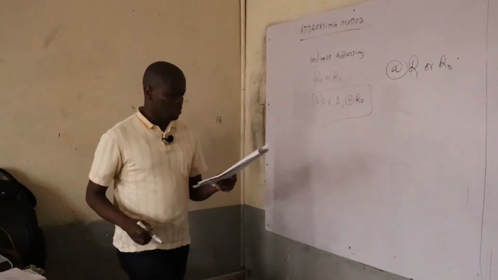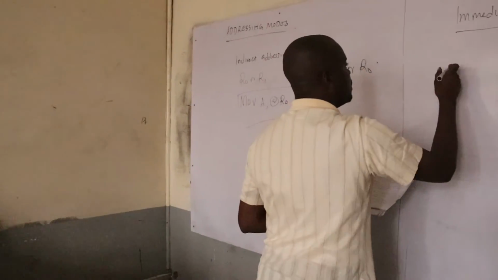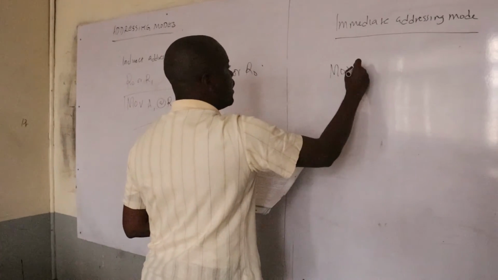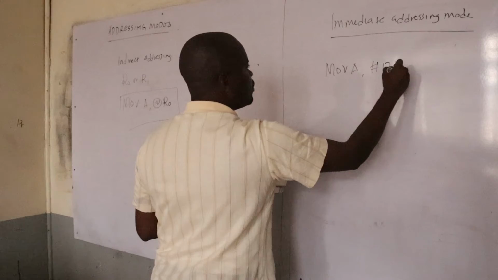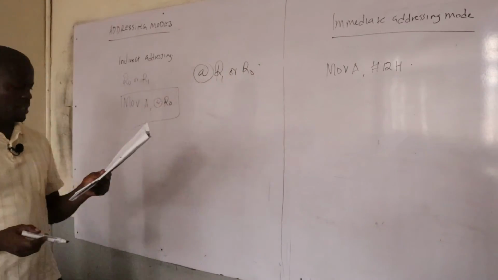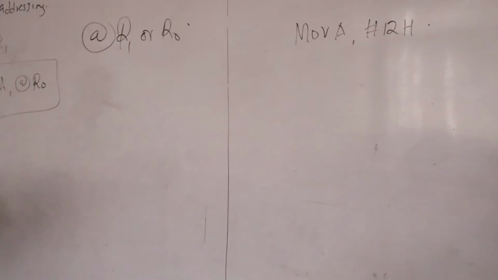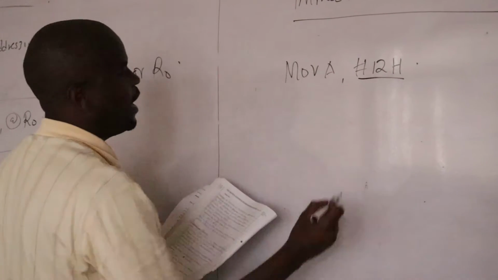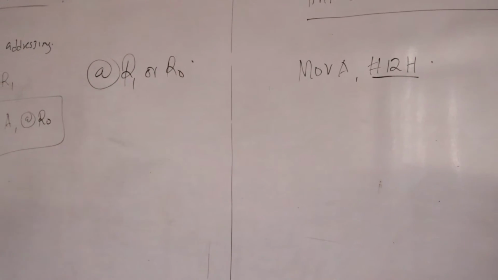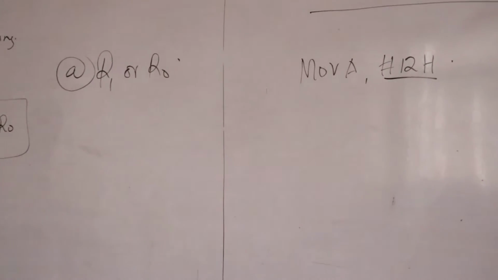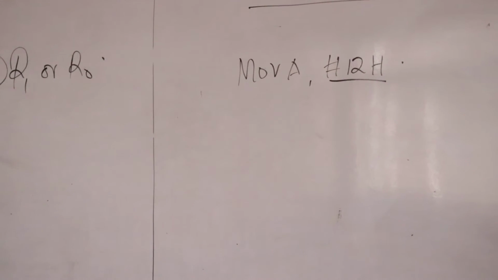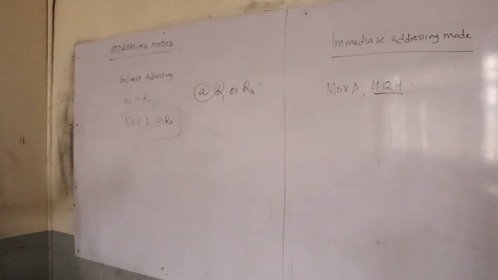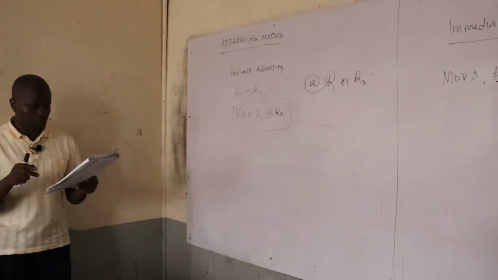For example, you can have an instruction like MOV A, #12H. So this instruction simply means that you are moving the immediate data, 12H, into register A. All these immediate addressing modes usually use 8 bits of data with one exception.